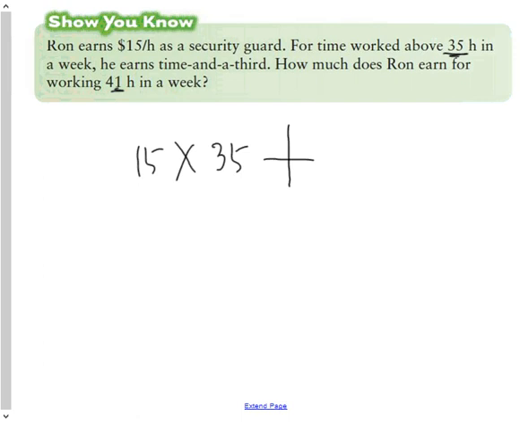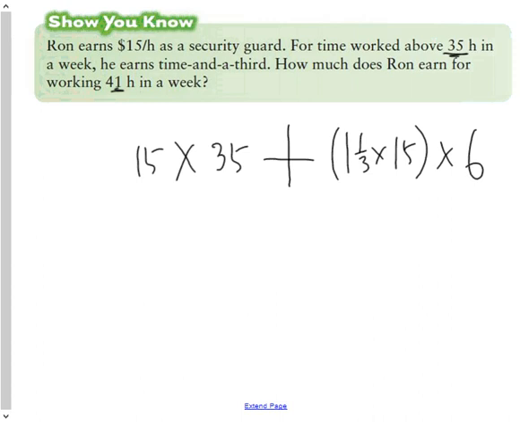So for those 6 extra hours, he's going to get paid 1 1/3 times the $15. He's going to get that much per hour. So 1 1/3 times the $15 an hour he normally makes. That's a third more than he normally makes, multiplied by the 6 hours of extra time he worked, because he worked 35 hours for normal time and those 6 extra hours, which gets paid for that.